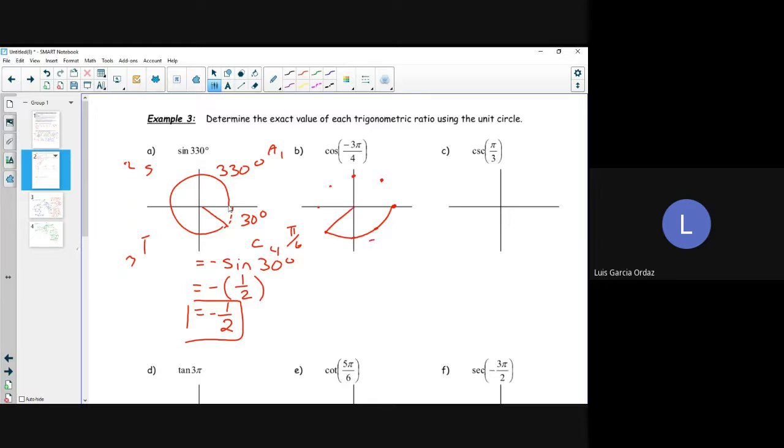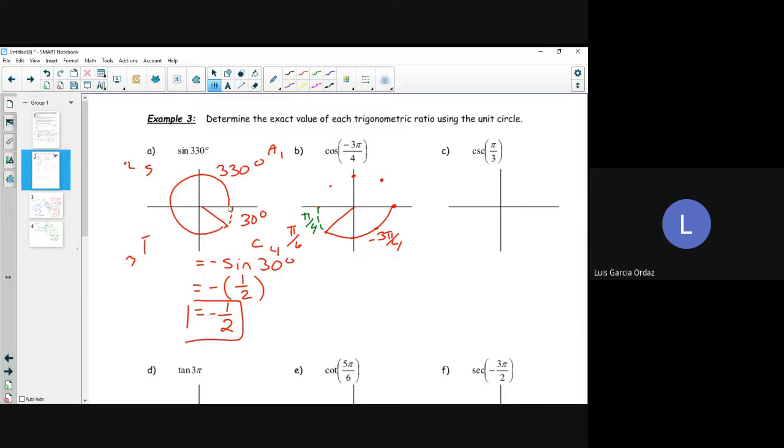So this is negative 3 pi over 4. And now the question is, how many pieces of pi over 4 are left over? So we have 1. So we have a pi over 4 left over, okay?